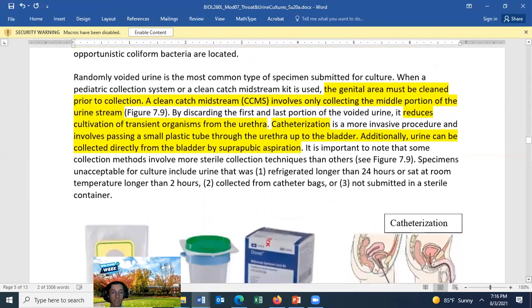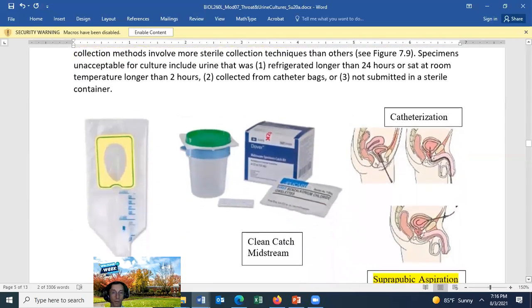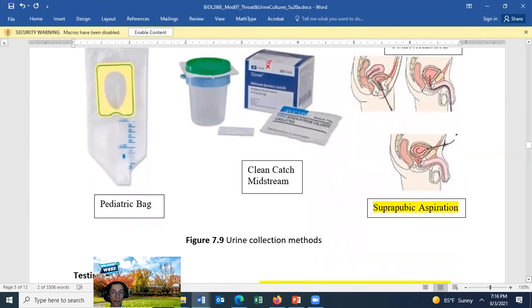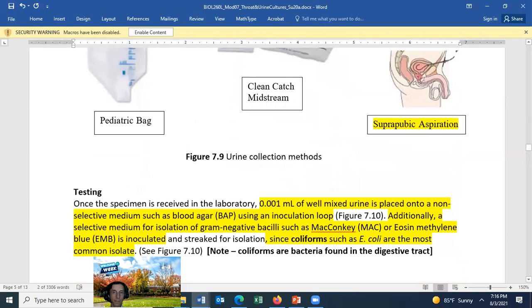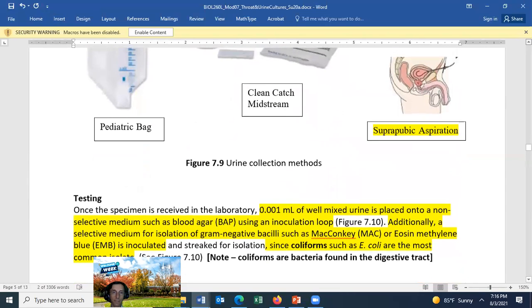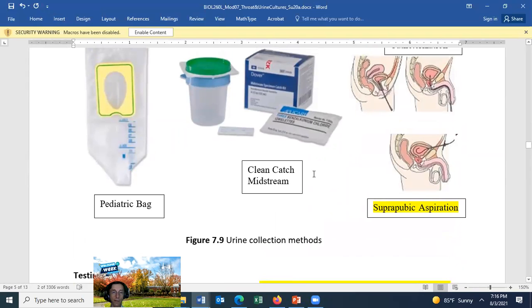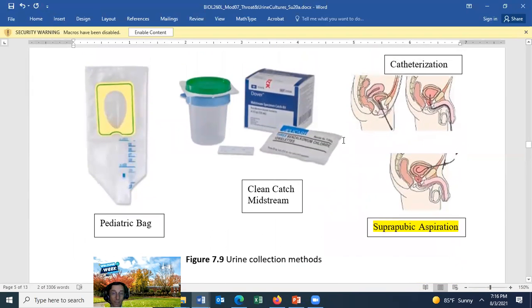When you're collecting the urine from a patient, there are 3 ways to collect. Let's see a picture of the first way. The best way to do it, and the way the patient prefers, is the clean catch midstream, where you swab the urethra, and then you let the urine flow for a little bit before you collect it in the container, and then you collect the urine midway through, and then you stop, cap it.